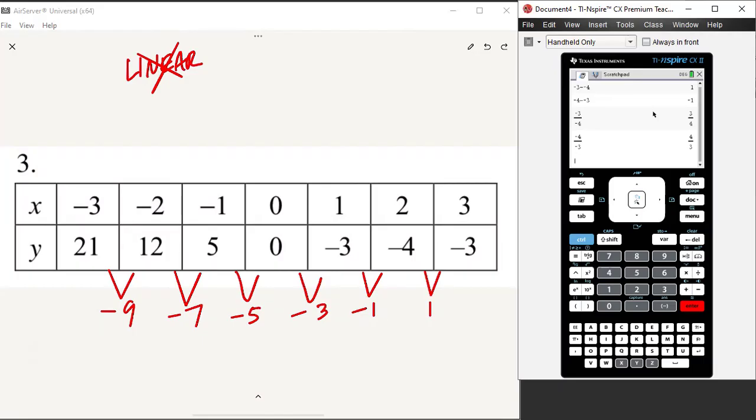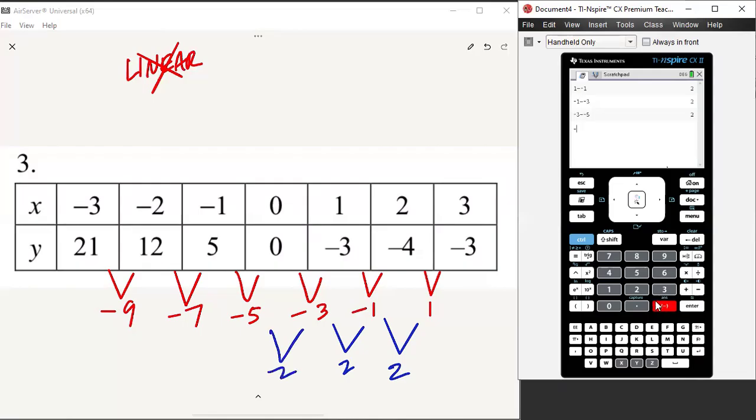Now what we're going to do is take these numbers and do another difference. So I'm going to do 1 minus a negative 1, and I get 2. Then a negative 1 minus a negative 3, and I get 2. Then a negative 3 minus a negative 5, I get a positive 2.